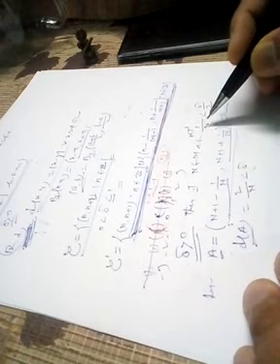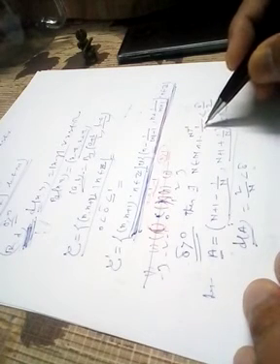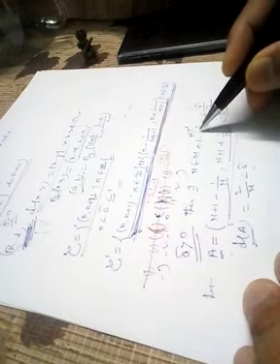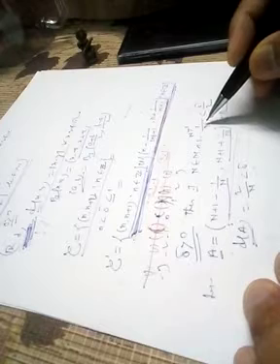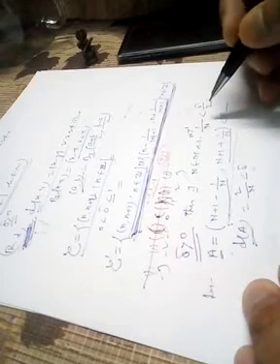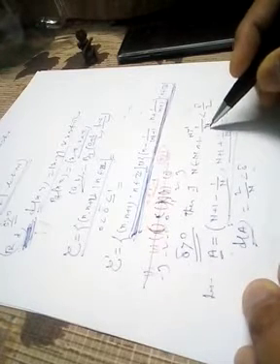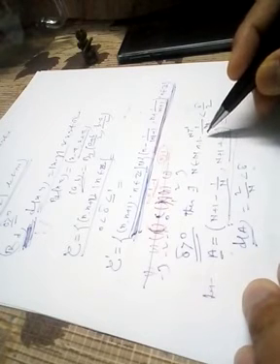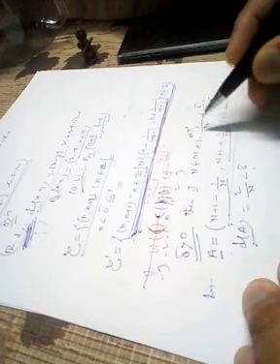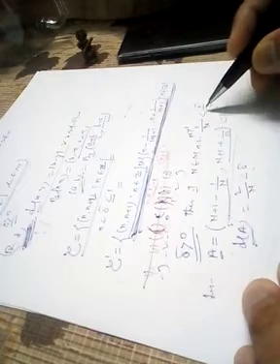If it is not greater than 1, I can take another integer which is greater than 1, because if we now take a larger n, then 1 by that larger n will also be less than delta by 2, so I can take it.